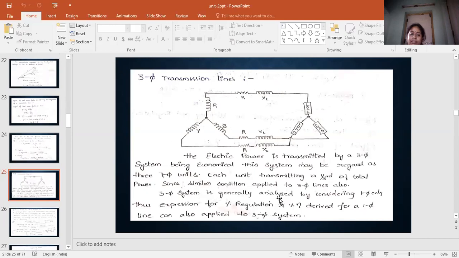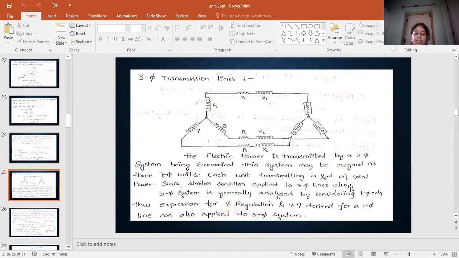And here the three-phase transmission lines are also represented. In the figure shown here, the resistance and inductance parameters are in series. The electrical power is transmitted by a three-phase system, which, being economical, may be regarded as three single-phase units. Each unit is transmitting one-third of the total power.